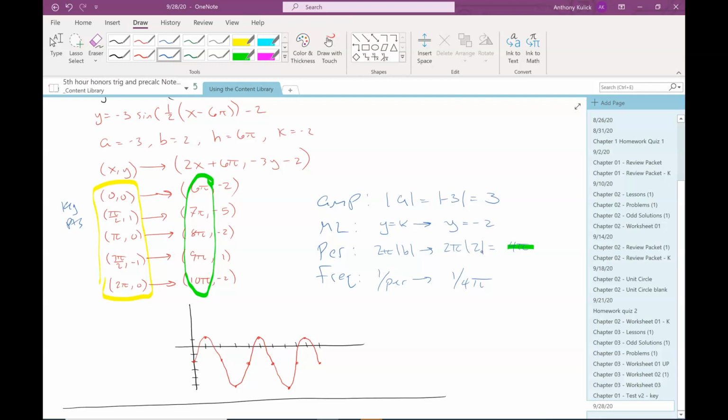Oh, excuse me. We should also probably do the domain and range here, right? What's the domain going to be for this graph? Yeah. In fact, for any sine or cosine graph, the domain is all real numbers. That should be easy to remember. The range, we said, was k minus the absolute value of A, comma k plus the absolute value of A. So in our case, the k was -2, and A was -3.